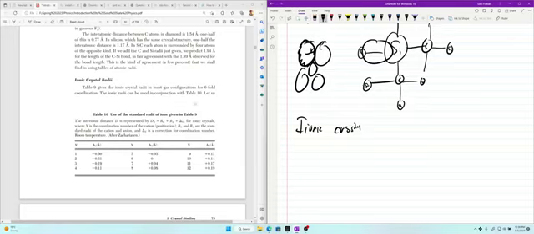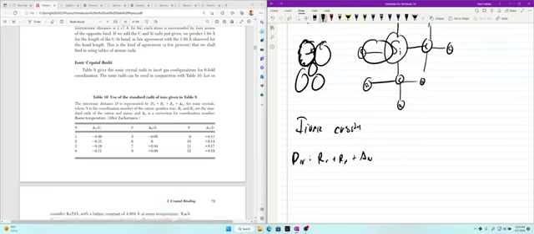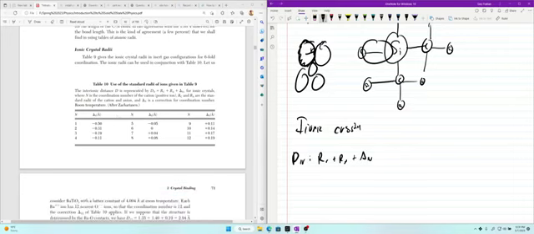The interatomic distance D_N is equal to R_C plus R_A plus delta N, where R_A and R_C are the standard radii of the anion and cation, like sodium and chloride, and delta N is a correction for coordination number. If we look at the different corrections for coordination numbers, we see how it varies.